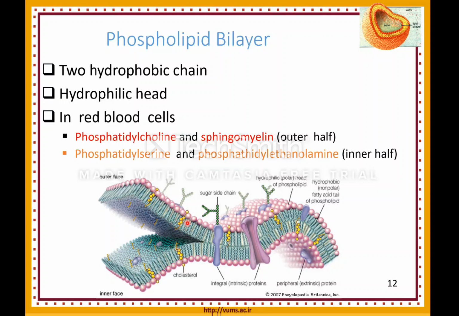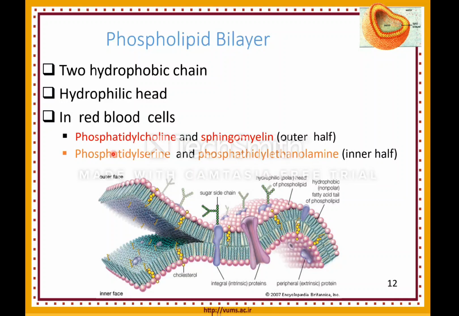The type of phospholipid and its location is very important in physiological conditions. For example, in red blood cells, because of easy access to these cells, the cell membrane is well known. Two types of phospholipid, sphingomyelin and phosphatidylcholine, are more in the outer half, and phosphatidylserine and phosphatidylethanolamine are more in the inner half.